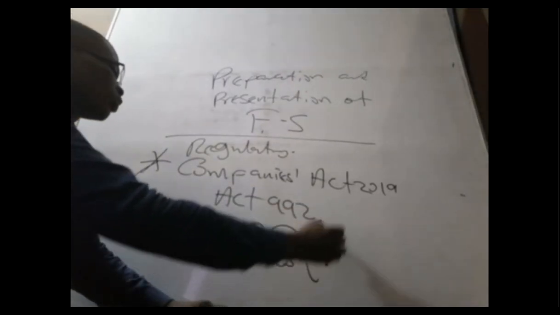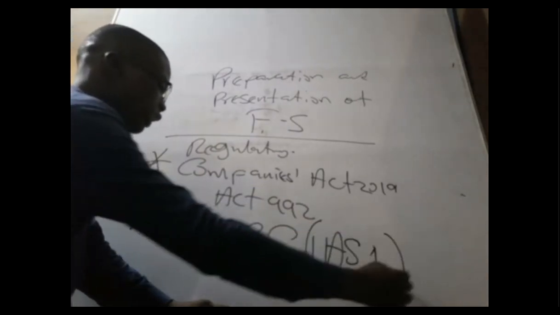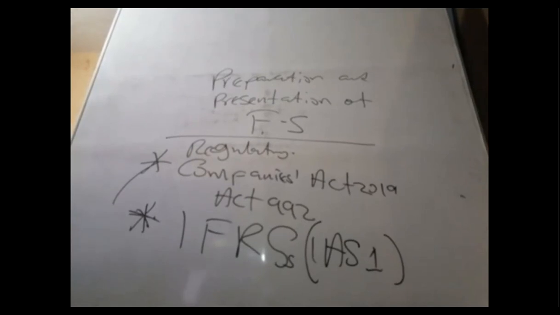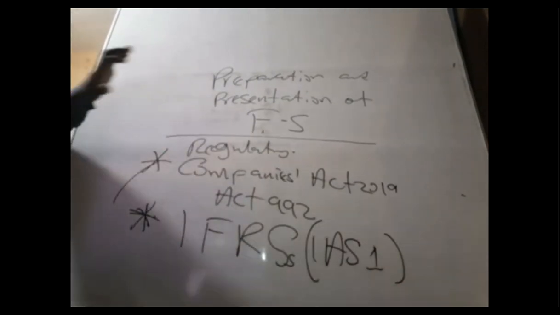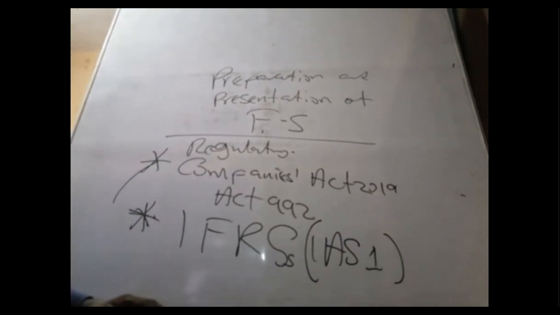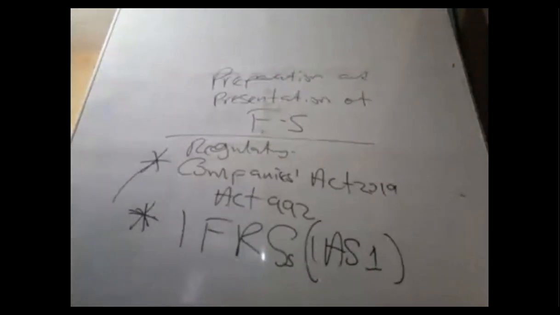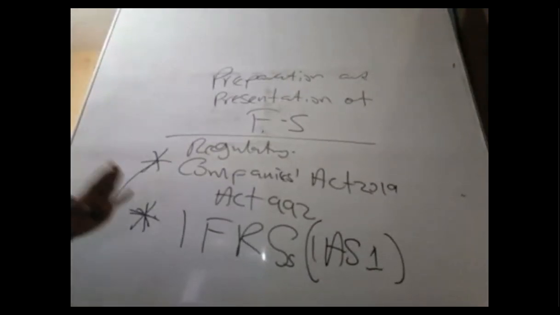Especially, we are going to look out for IAS 1. It talks about preparation and presentation of financial statements. So you're going to look at IAS 1 and the Companies Code. These are the two regulatory bodies. Good. So that is that.